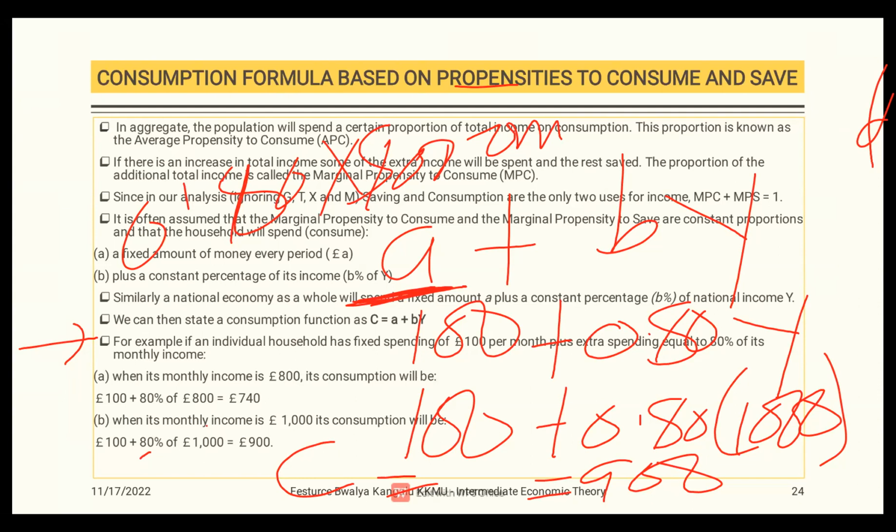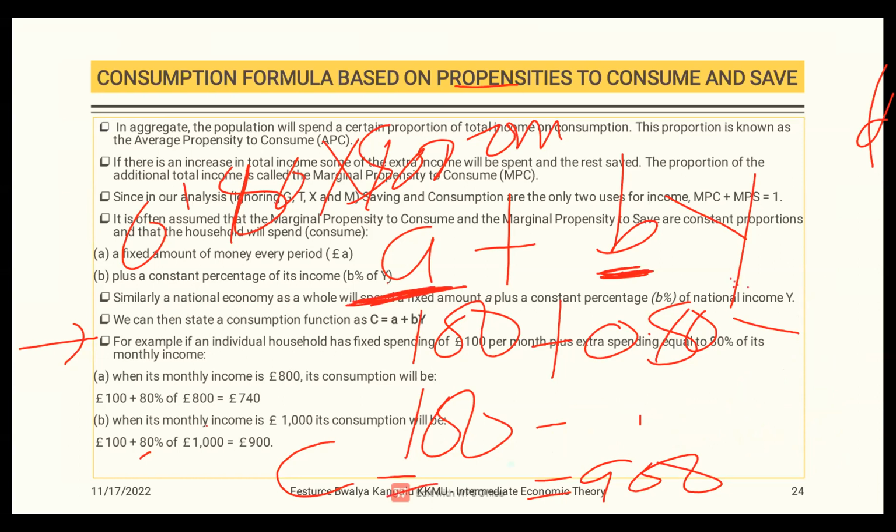So your B is 80%, and your Y is your income. To calculate consumption, you say autonomous consumption 100 plus B, which is 0.80, times your income Y, which is 1,000, and you have 900 kwacha as your consumption. Okay. Got it.